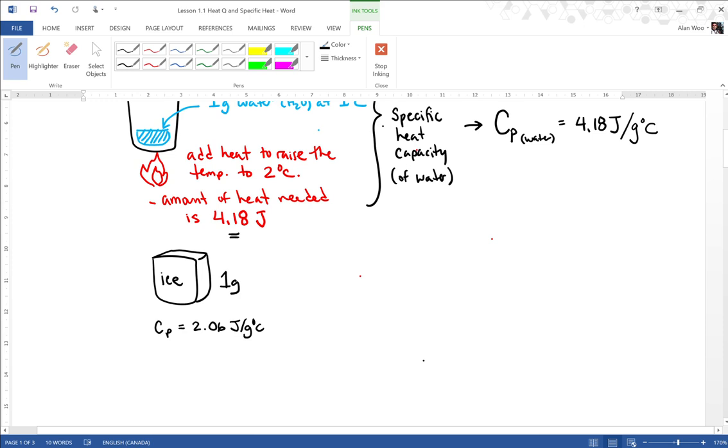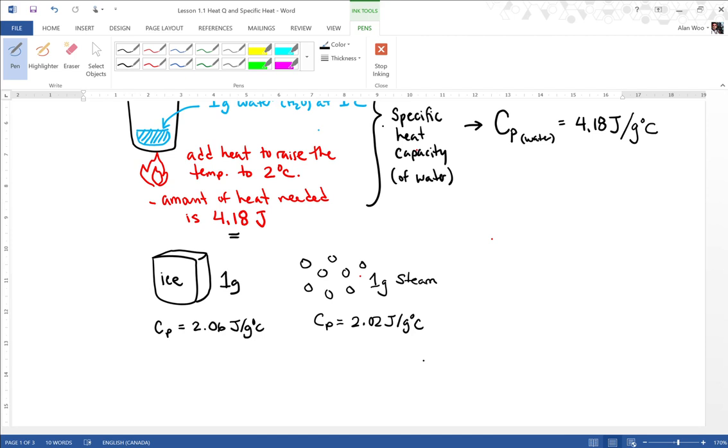And if you had steam, so now our H2O molecules have vaporized into a gas, if we had 1 gram of steam, the Cp of steam would be 2.02 joules per gram degree Celsius. So this is very, very specific to the substance and the state.